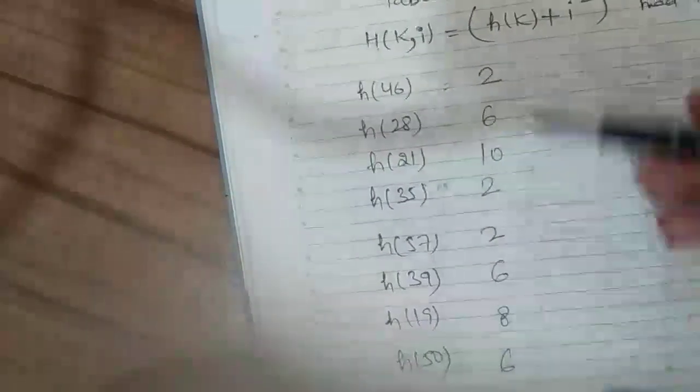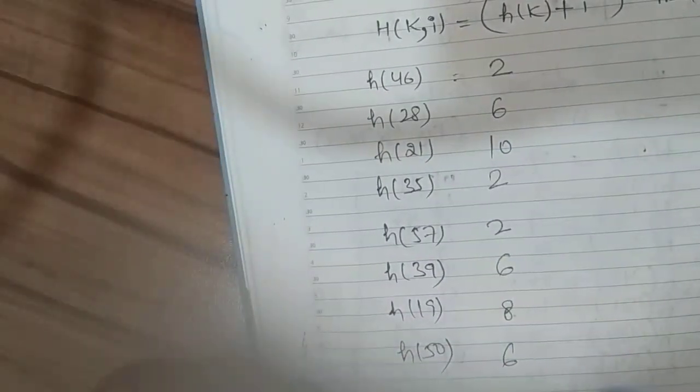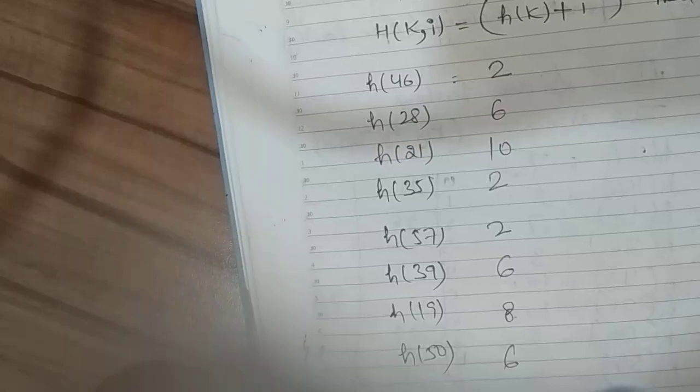How have we computed these hash values? They are simply computed from h(k) mod table size. But the collision resolution formula is this one.